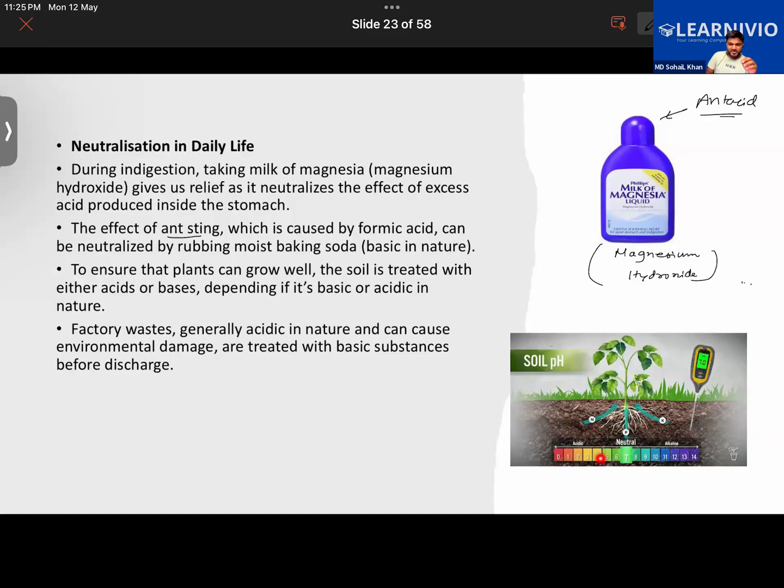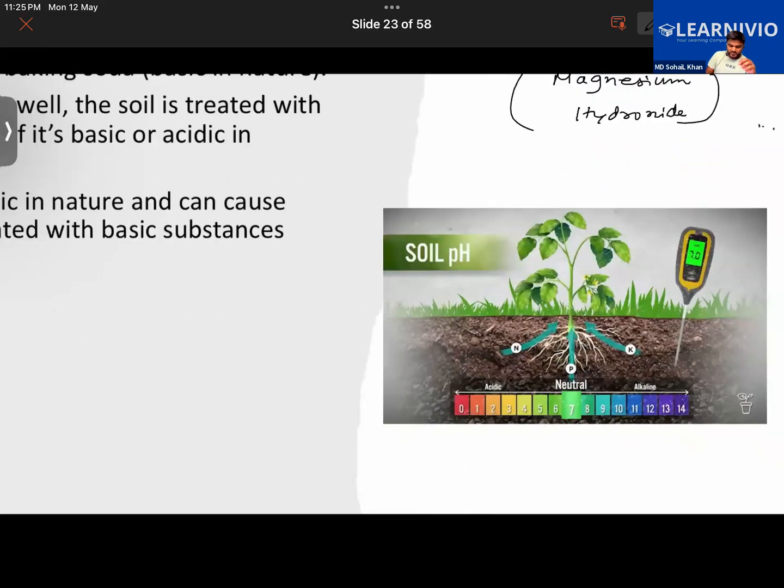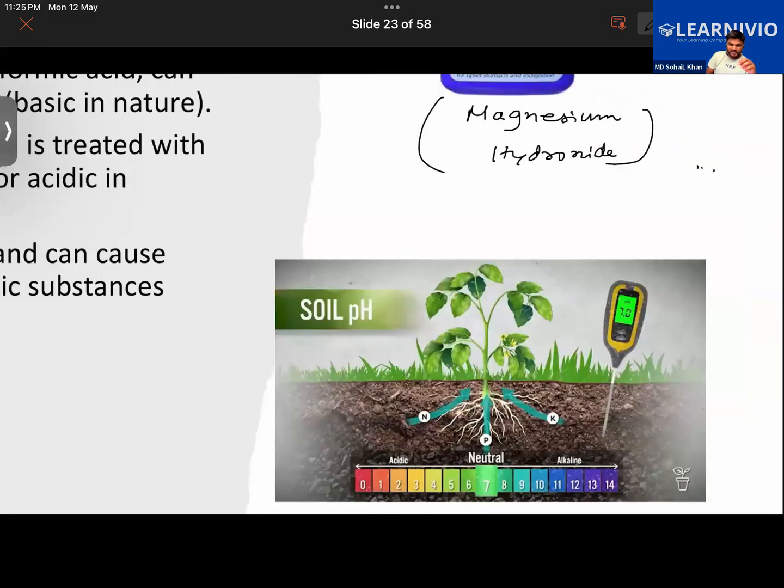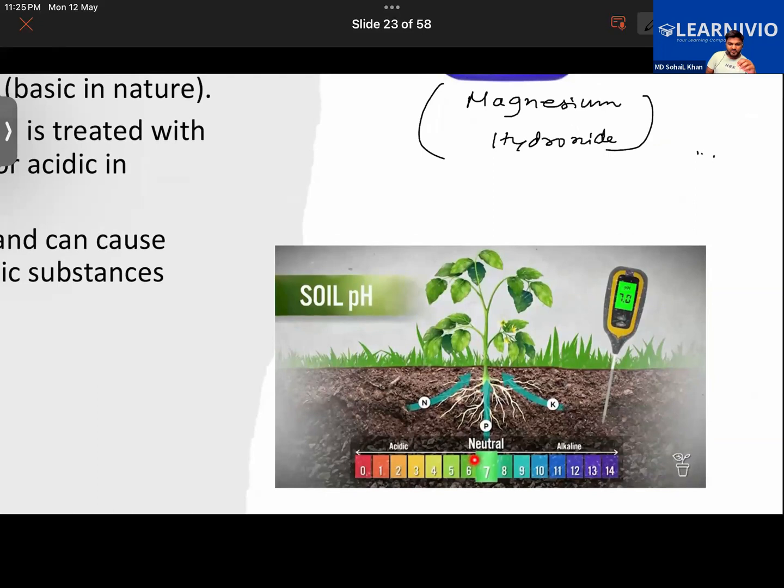If the color changes to green, the pH level is 6 or 7. If the pH paper turns red or orange, it means it is highly acidic in nature. If it turns purple or blue, it means it is basic in nature. So in this manner, we can find out whether it is acidic, basic, or neutral.